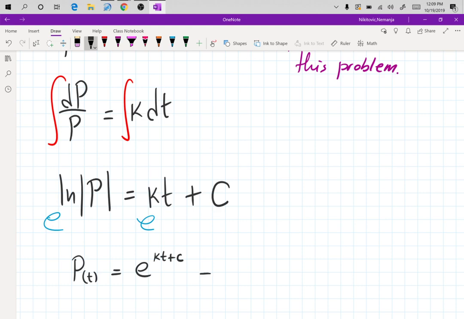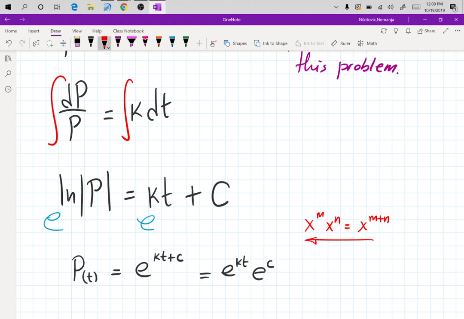So now what I'm going to do is break this plus C into a separate e to the C using basic algebra. You remember the algebra? Hopefully you remember the basic algebra. x to the m times x to the n is x to the m plus n, and then we just read it backwards.